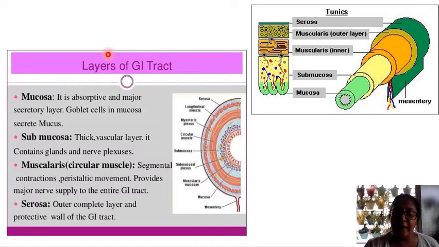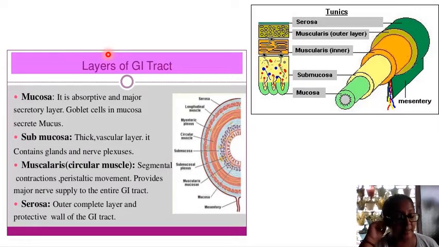Submucosa is the layer which covers the mucosa. It is a thick vascular layer and contains glands and nerve plexuses, which help in the nervous coordination of the GI tract. Muscularis helps in the peristaltic movement.